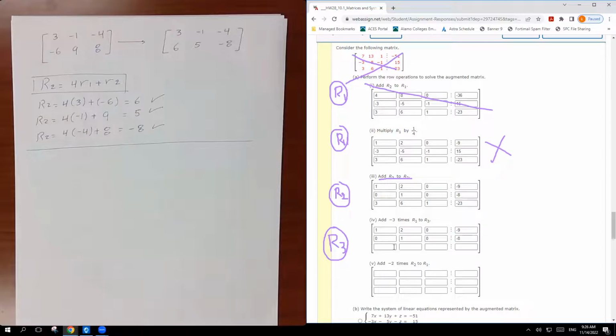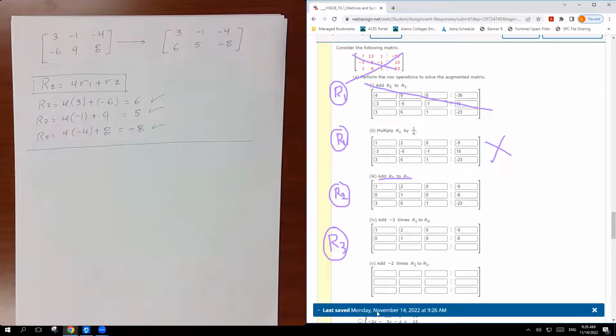Okay, so now we're going to get a new R3. What we're going to do, we're going to say negative 3 times R1. So I'm going to say negative 3. Here is the rule.